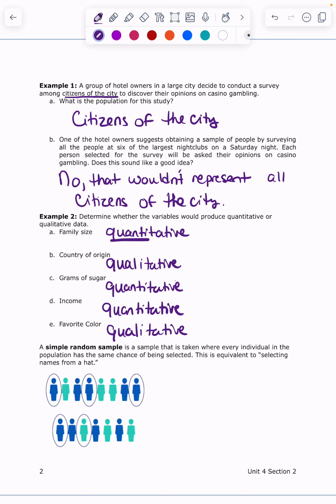All right, so if you are going out to do a sample, there are different sampling techniques that would work to make sure that your sample is representative of the whole population. So one is simple random, and that's kind of like selecting names from a hat. Everybody puts their name in a hat and you blindly pull a name. So there's nobody that is getting picked over somebody else. Everybody has an equal chance.